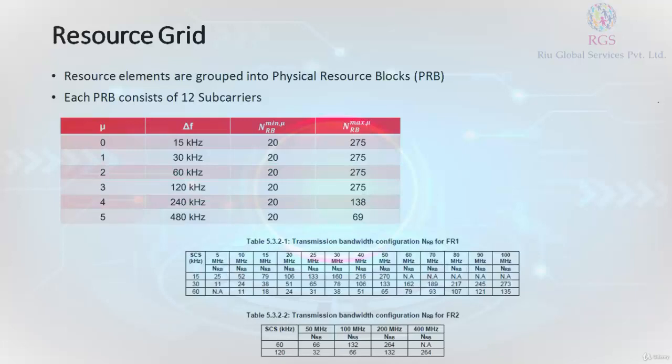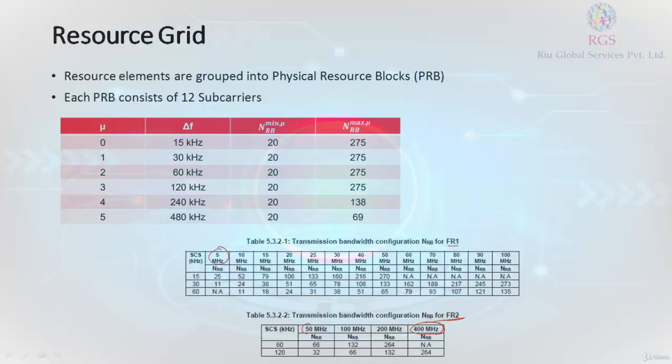An important thing also to understand is what all different bandwidths are available. So the 5G can start from as small as 5 megahertz of bandwidth and it can go up to as big as 400 megahertz of the bandwidth. But remember this, 400 megahertz is only possible for frequency range 2, right, which starts from 50 and goes all the way up to 400.